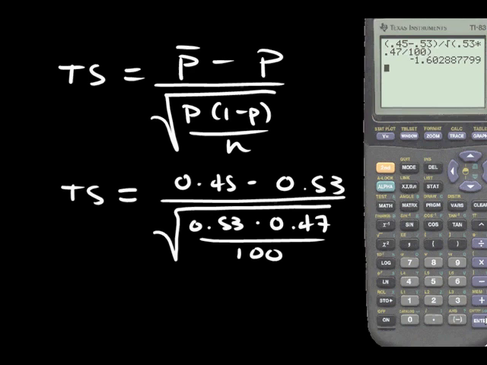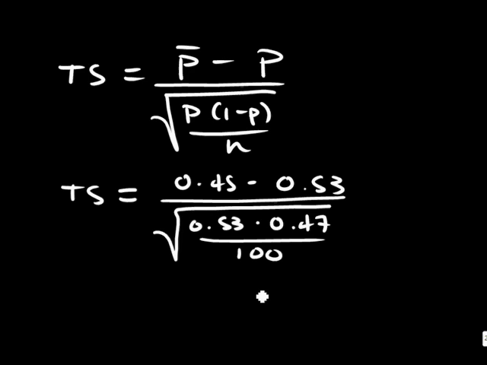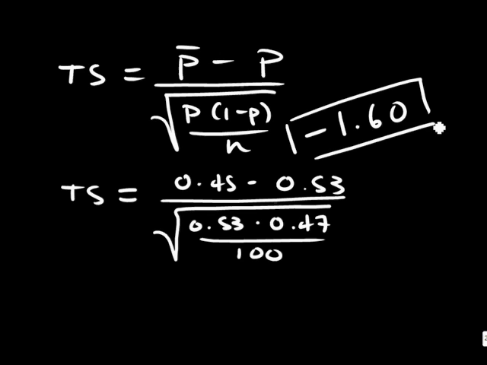We get negative 1.60 if we approximate to the nearest hundredths. Now if we approximate this to the nearest thousandths, it is negative 1.602. Our test statistic is given to the nearest thousandths.